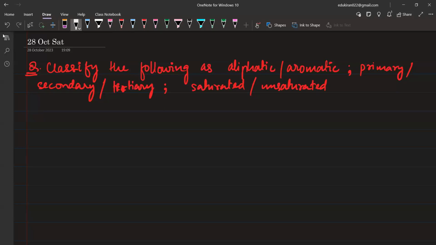Okay. The first structure that we're having is this.